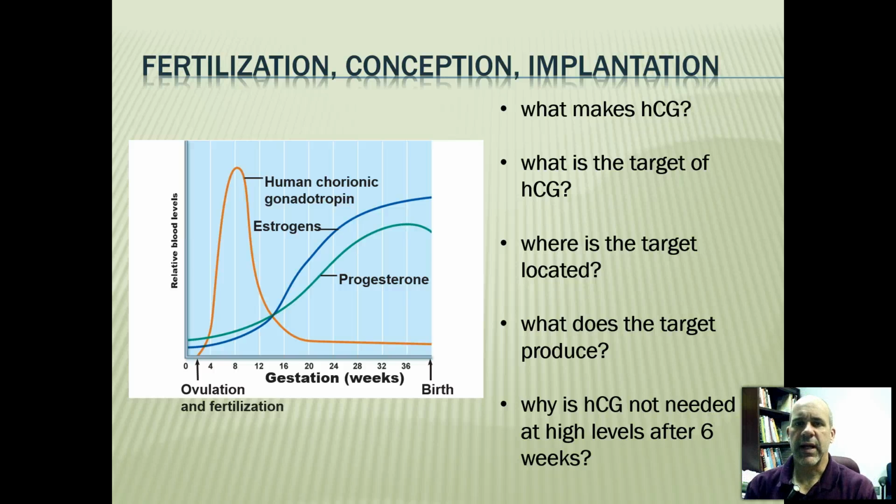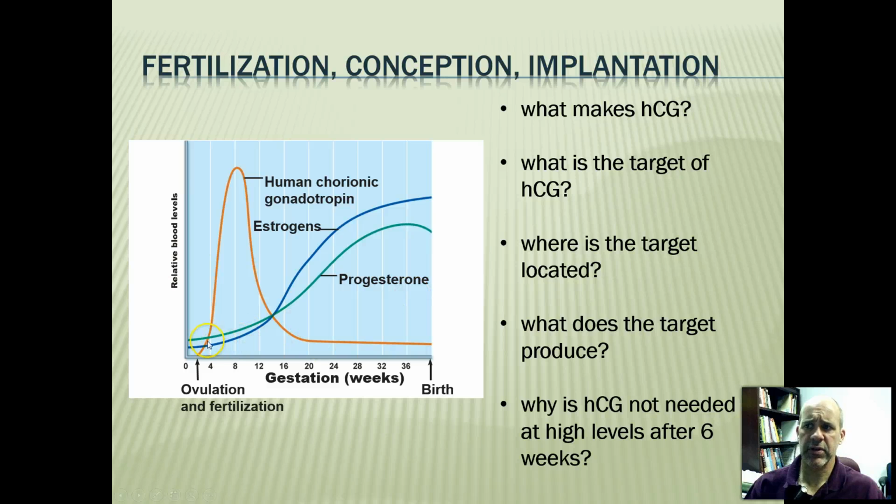All right, and so here's a diagram which is going to tell us a little bit more about this HCG hormone that we're talking about. If you notice on the graph, we're looking at hormone levels of HCG, human chorionic gonadotropin, the estrogens, and the progesterone. And this is gestation in weeks, so we're talking about a pregnancy ongoing here.